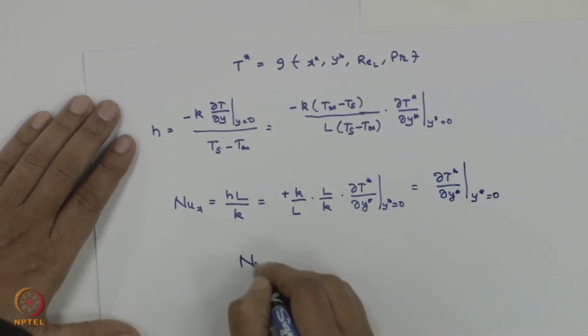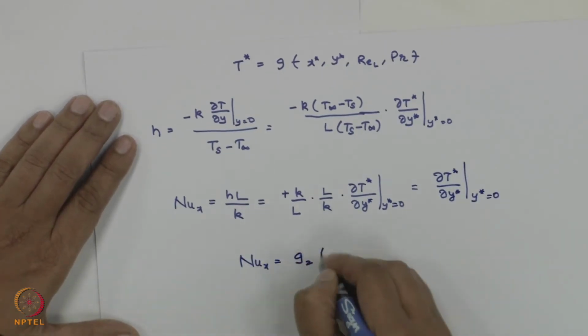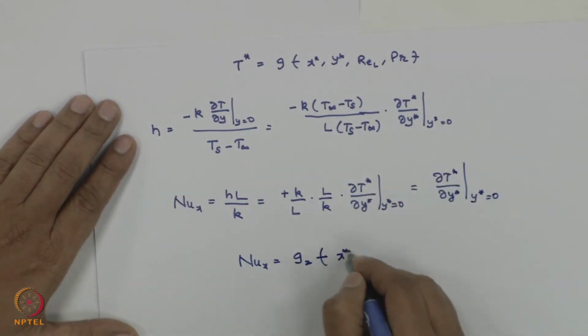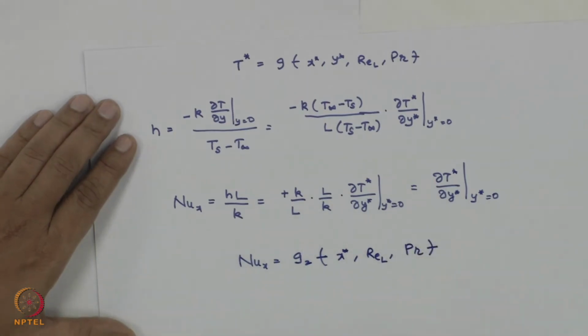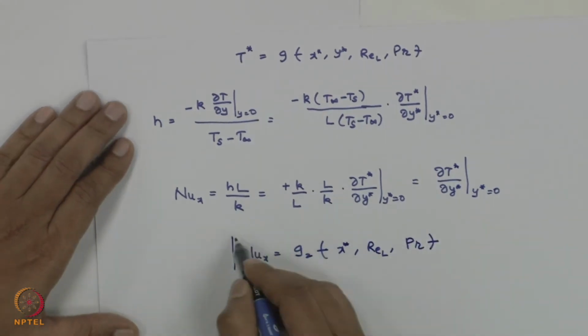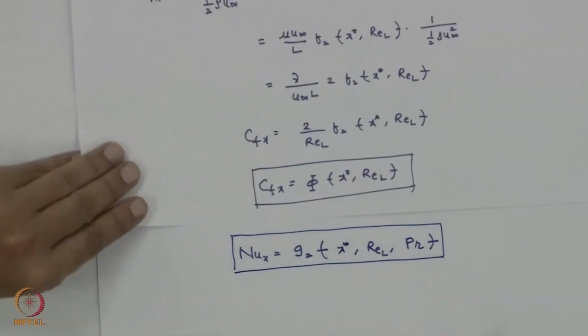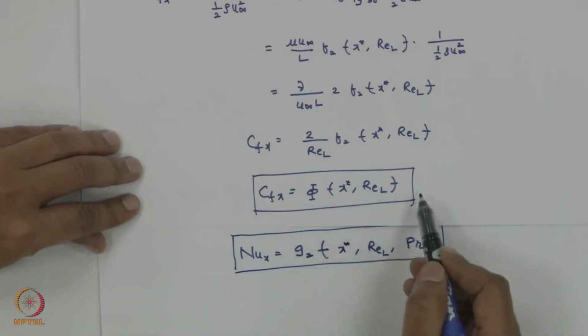So, Nux equals a function G2, and because I have taken Y star equal to 0, this is going to be a function of X star comma REL comma Prandtl number. This is for the Nusselt number, while for Cfx it is X star and REL.